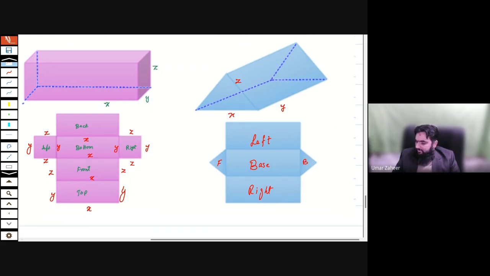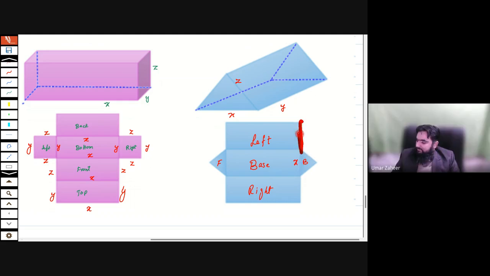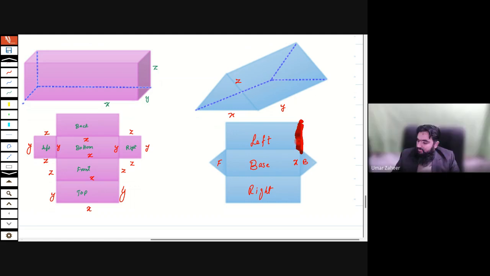Yes, Mehran, tell me what is the length of this base. It will be x. Look carefully. It's the left side, this one.